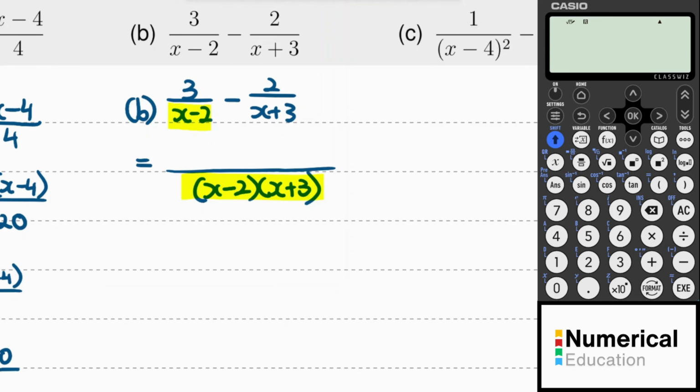So the 3 for the first fraction was already there, but I had to multiply by an additional x plus 3 in order to get that new denominator. The same thing is going to happen with the second fraction. Originally, it's x plus 3, but then it's going to look like (x minus 2)(x plus 3). So that means I would have multiplied by an additional x minus 2 factor.